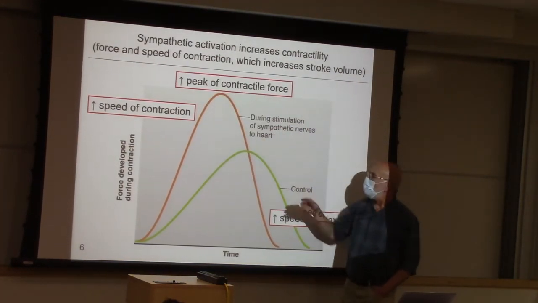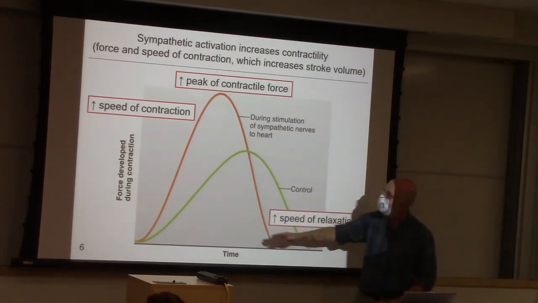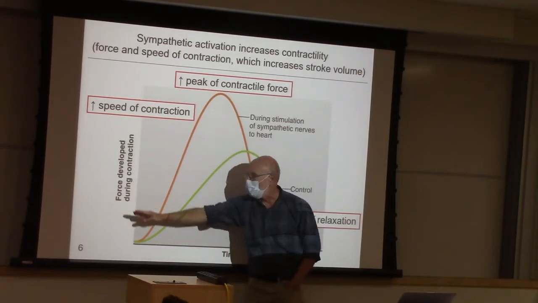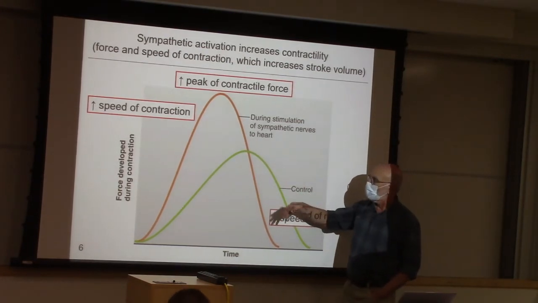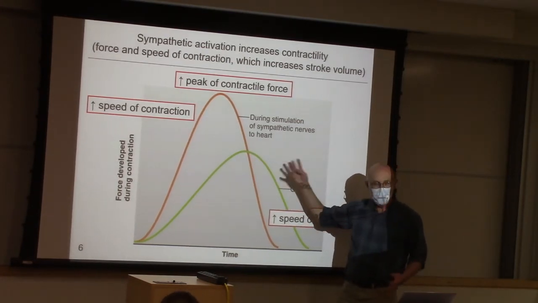Sympathetic, red is sympathetic, green is control. We're looking at force of a muscle cell as a function of time. Control, there's calcium influx and it generates force of contraction.